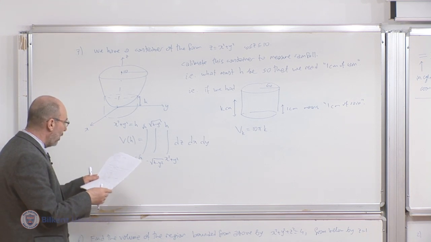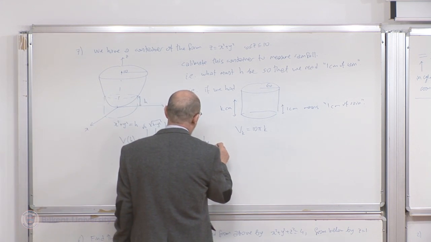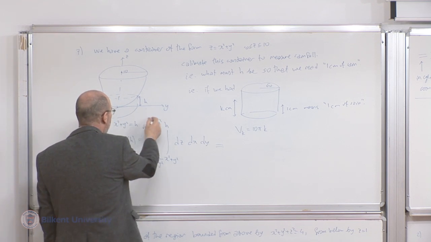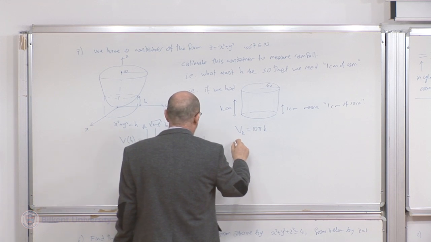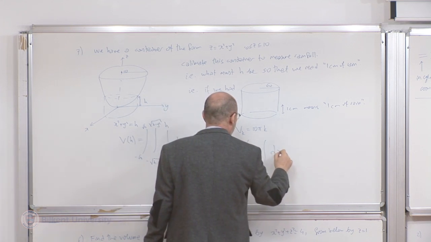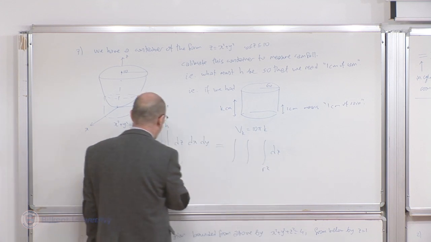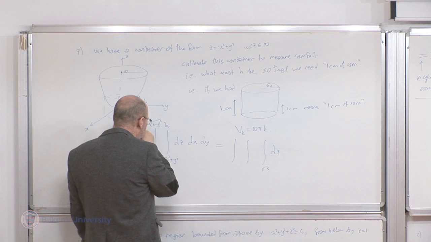So next we evaluate this, or we can now pass to polar coordinates. Well, this is Cartesian. We'll pass to cylindrical, meaning that we'll express this part in polar. So we have dz going from r squared, since x squared plus y squared is r squared, to h.